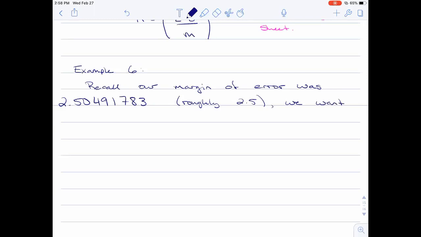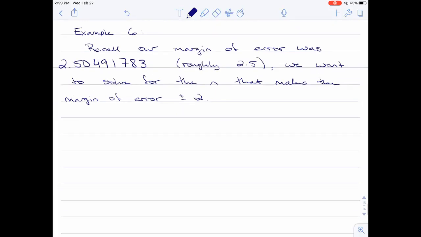We want to solve for the n that makes the margin of error plus minus 2. So we can just use the formula.